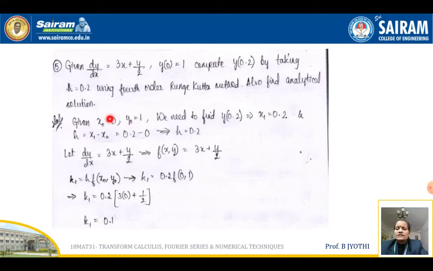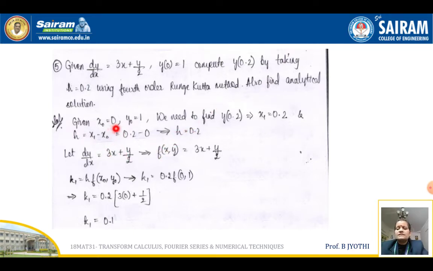So let us quickly do this. Given dy by dx is (3x plus y) by 2 and y of 0 is 1, compute y of 0.2 by taking h equal to 0.2 using the fourth order Runge-Kutta method. Also find the analytical solution, so we can compare it with the numerical solution we have obtained.